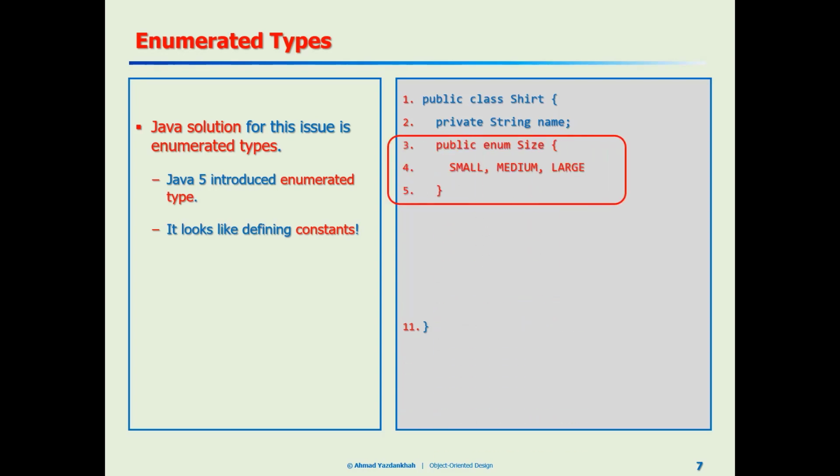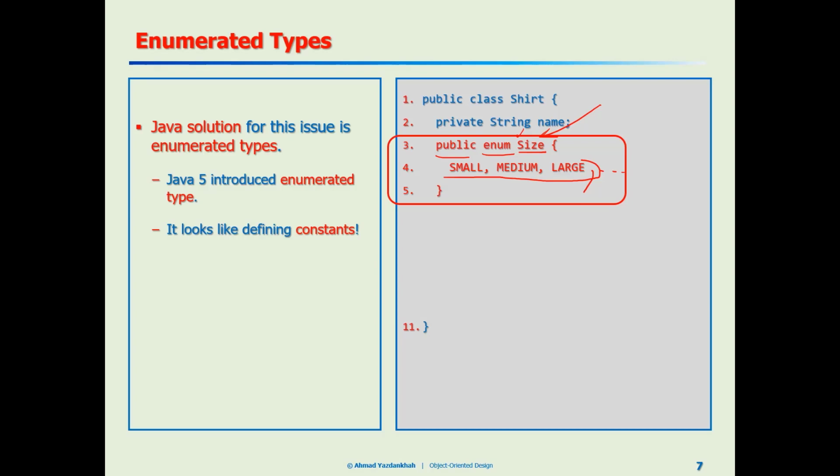Look at this. So public enum, and we give a name here, whatever it is. But the tradition is like the class name: you start with a capital letter, and then small, medium, large, and whatever you want you can add here, and that's it. So we created a new type here, right?